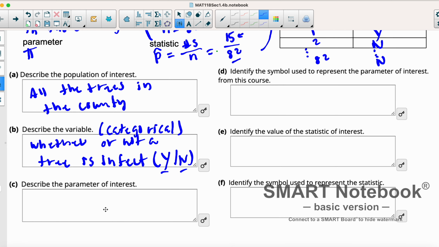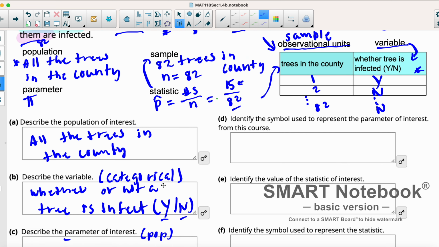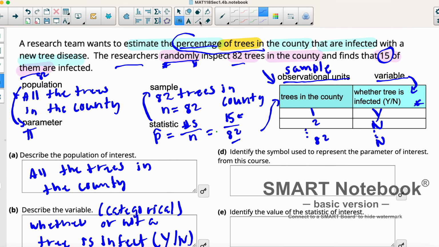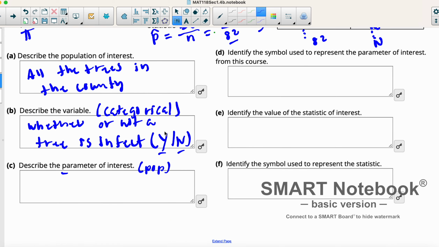And it says, what is the parameter of interest? Well, the parameter goes with the population. We wrote it up here. My parameter is what percent? We want the percentage of all trees in the county that are infected.